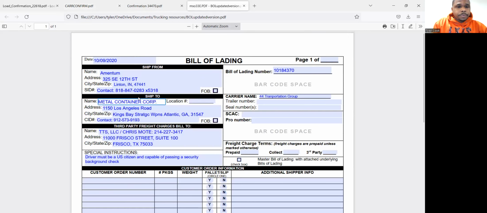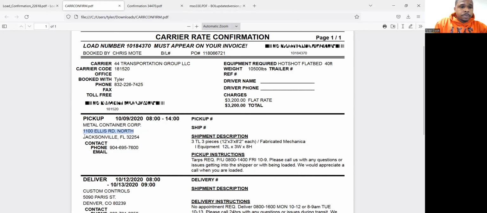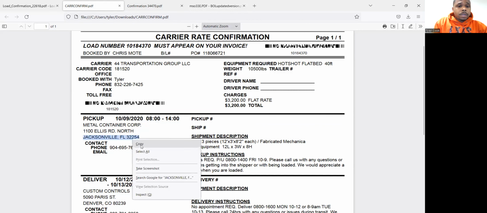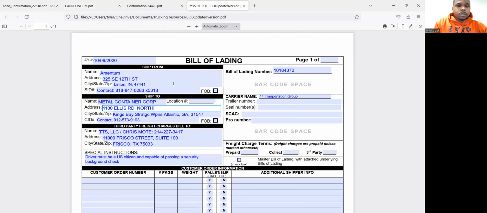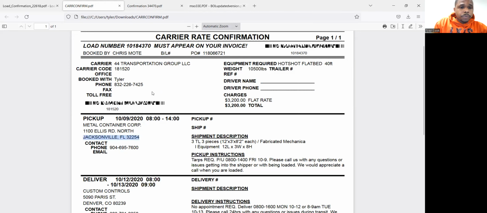Again, you have to have it. Drivers on the road, they're not going to make it. If you don't feel like making it, you can send them blank copies and have them write it in. But for me, this is the least of my problems. Guys on the road have to make money, so I can send them this and let them know I've got you covered. On the BOL, all you have to do is file it so we can print it.